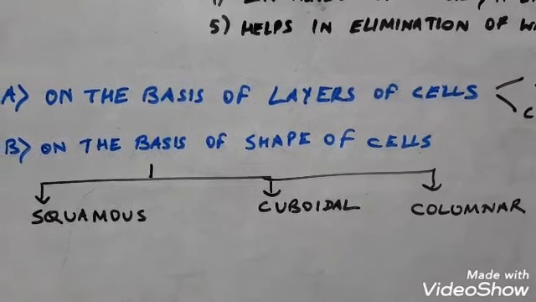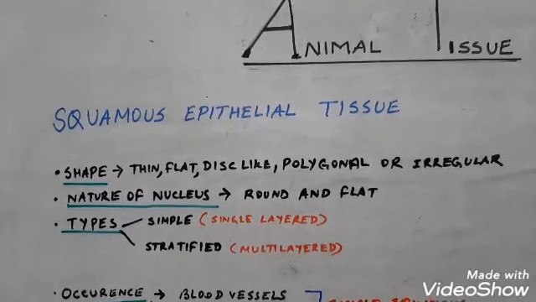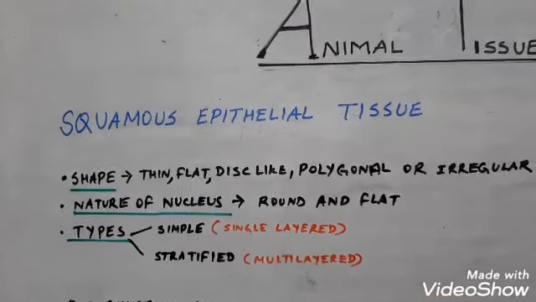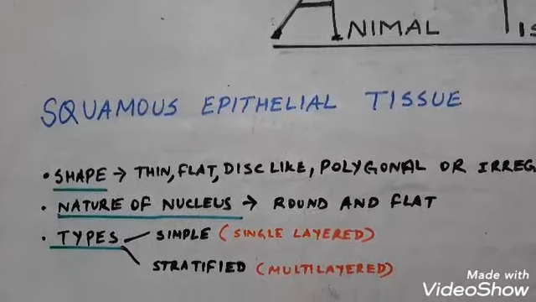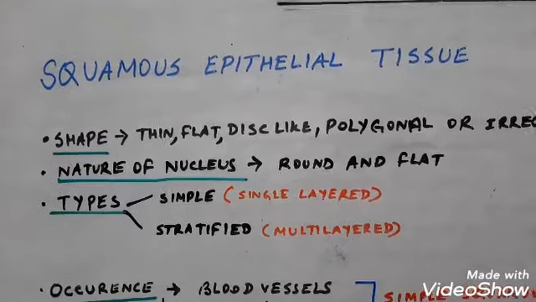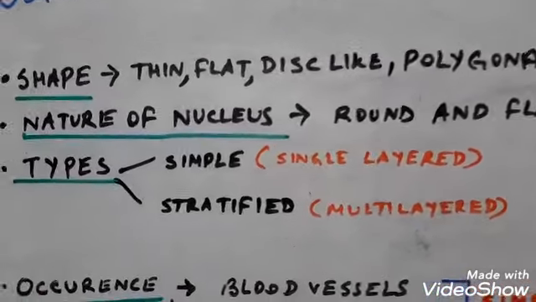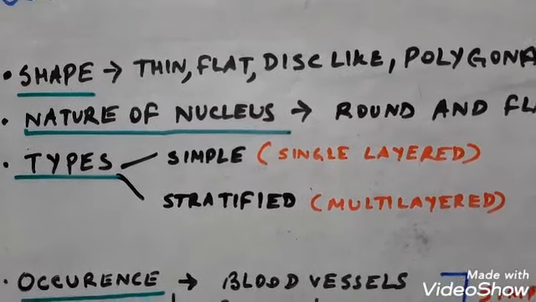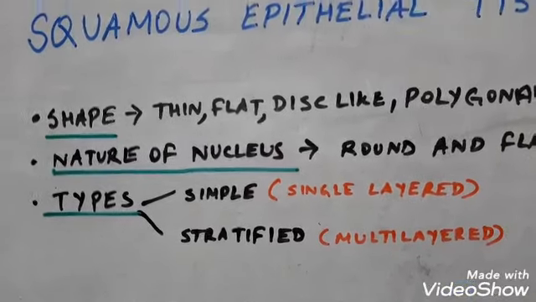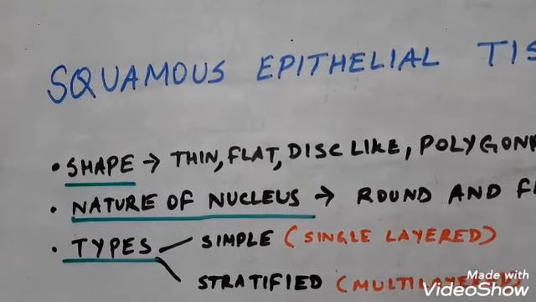So have a look at squamous epithelium. So as I told you, here it is about squamous epithelial tissue. Now squamous epithelial tissue can be divided into two types based on the layers of cells. Before going to it, let me tell you the general shape of the squamous epithelial tissue.